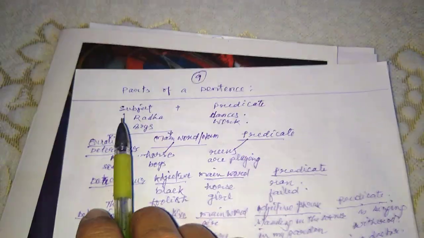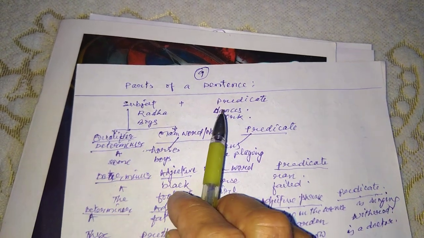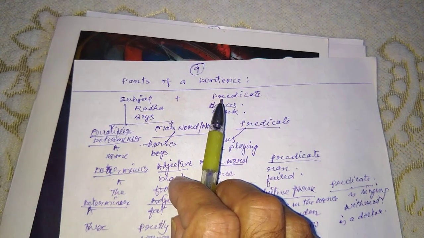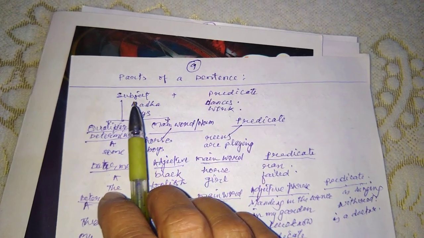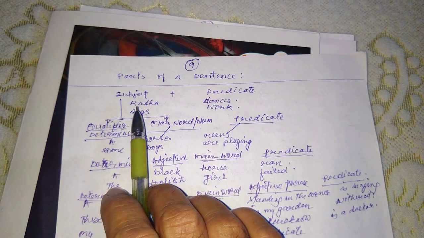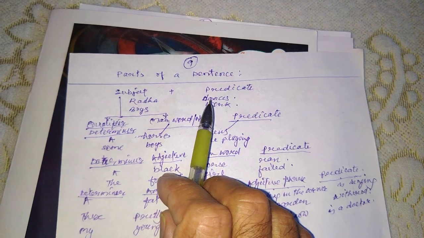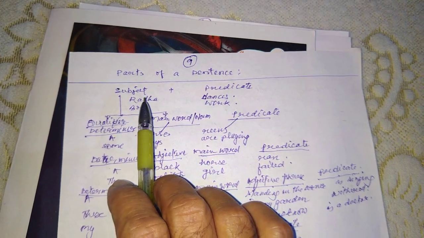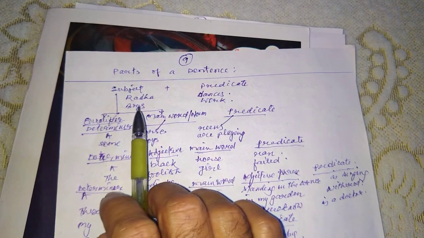Usually we say that there is a subject and there is a predicate in a sentence. Let us take one example: Radha dances. Radha is the subject and dances is the predicate.